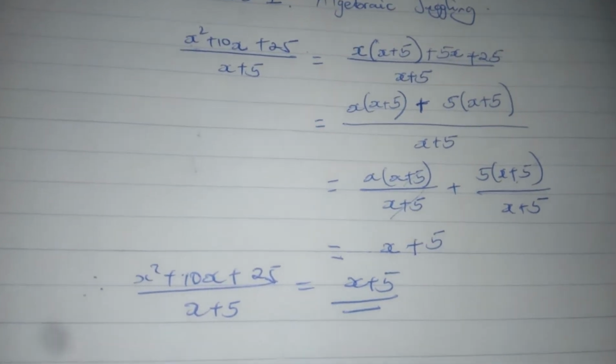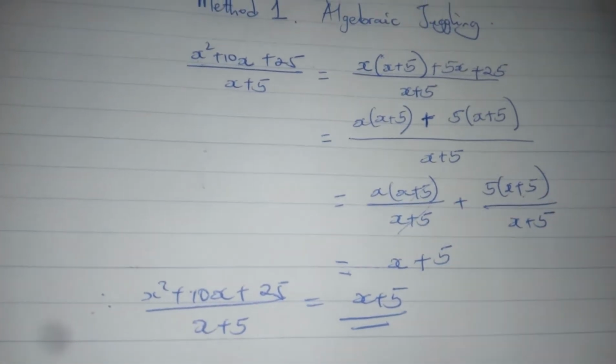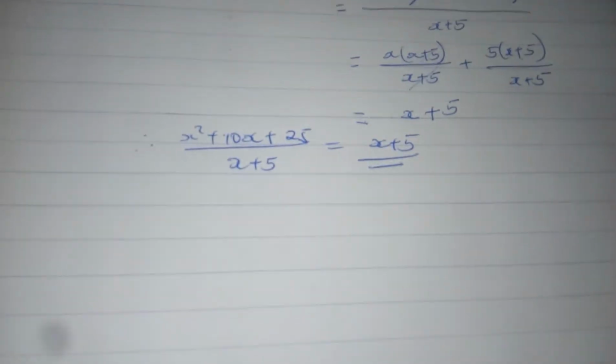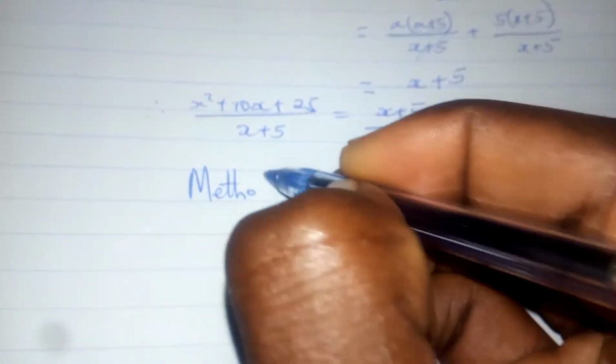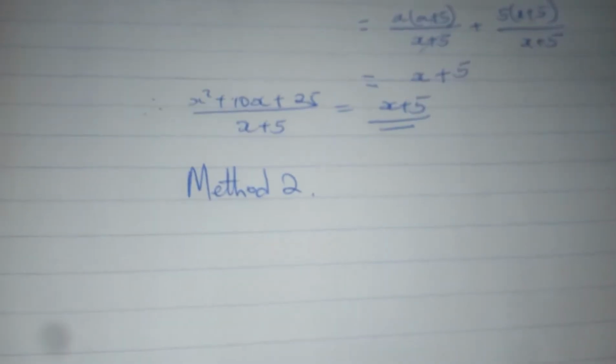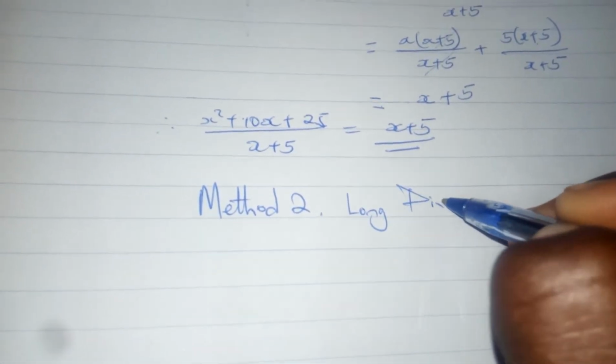Let's check method 2. That's the one that we all know, that's long division. Method 2 is by long division.